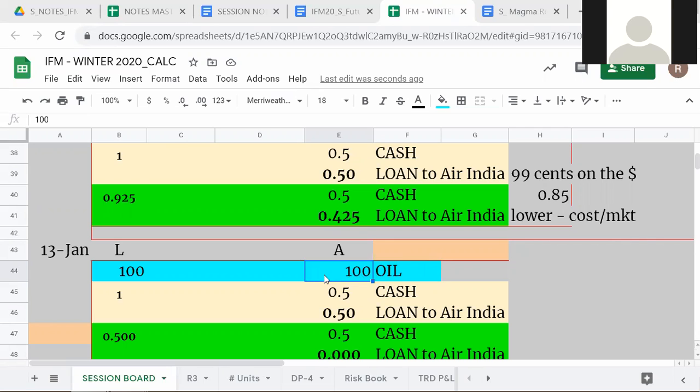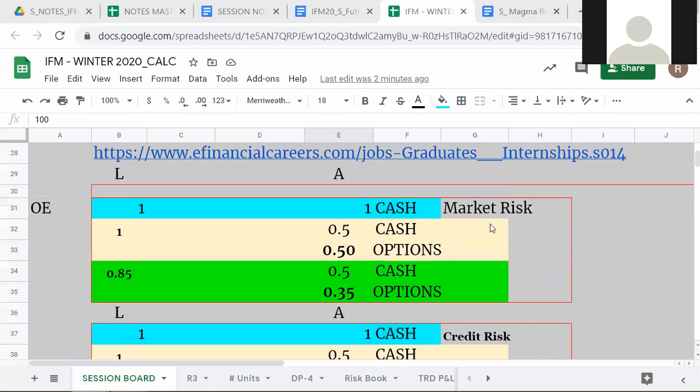It's not like they're buying oil because they think that the price is going to go up. They have been given reserves of oil, so they are naturally long oil. As a result of the kind of business they're in, they are naturally long oil. This is a passive risk book because they did not go from a situation like what we have here.